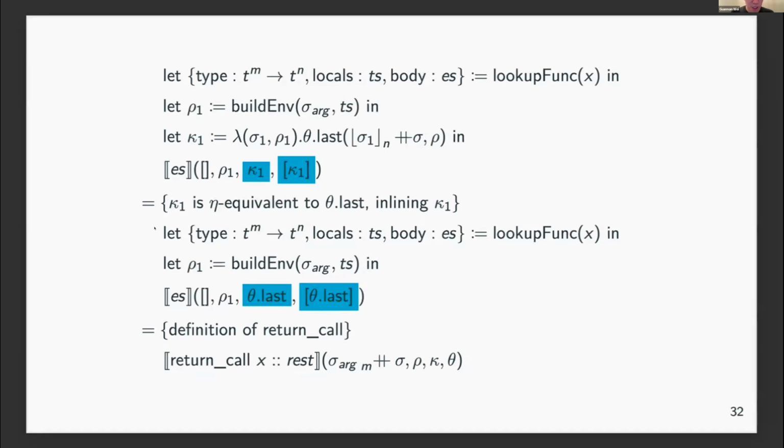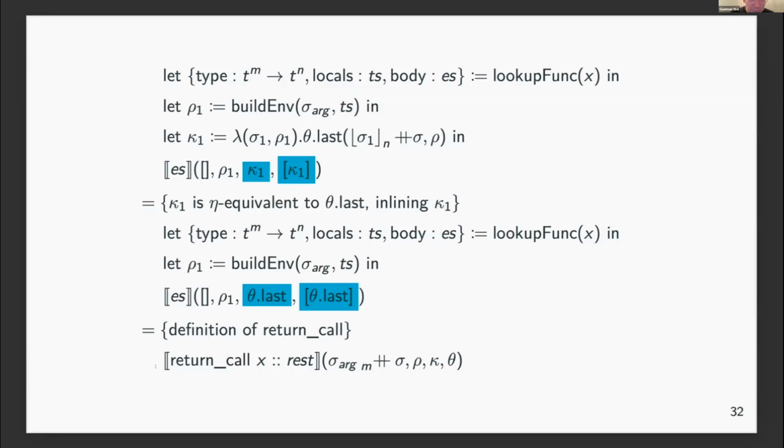Now if we look at the definition we have here, it's exactly the same definition I showed at the beginning for the return call. So we can show their equivalence, or they're really just the same thing. And there are other different uses of this style of equational reasoning that we can use to calculate the meaning of programs.